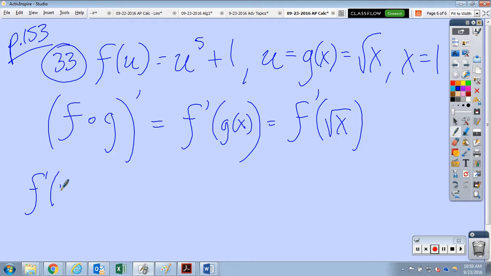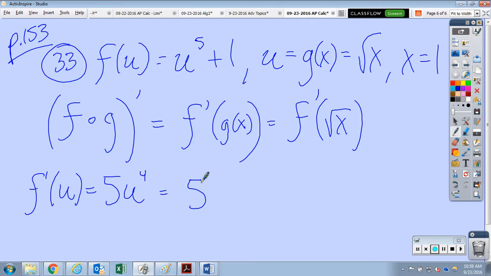F prime of u is equal to 5u to the fourth, and u is the square root of x.